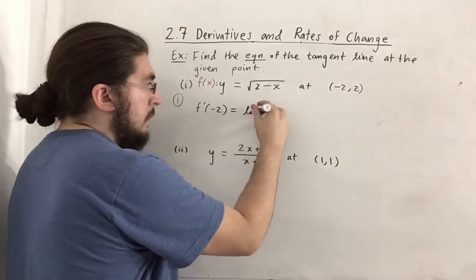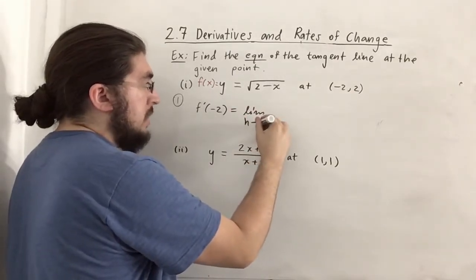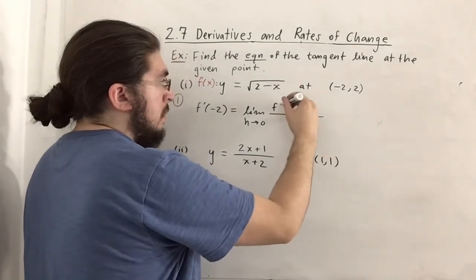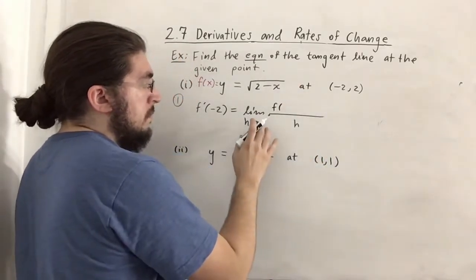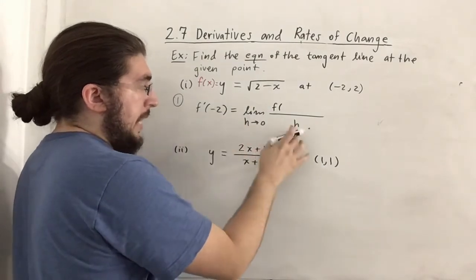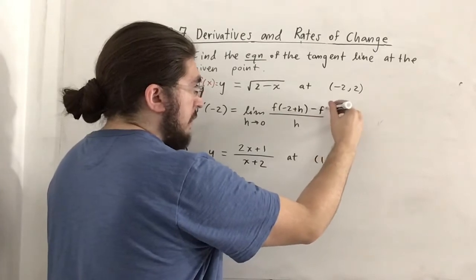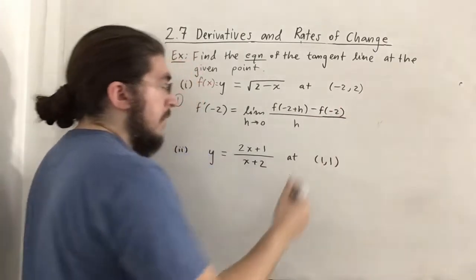And this, of course, is the limit as h approaches 0 of f of a plus h, so negative 2 plus h, minus f of a, so f of negative 2, all over h.